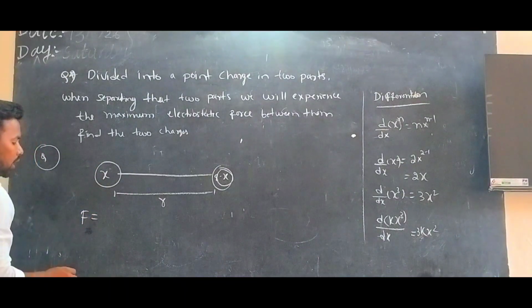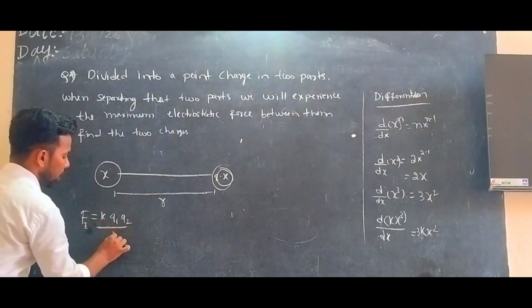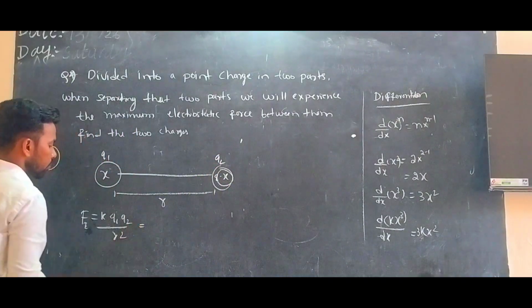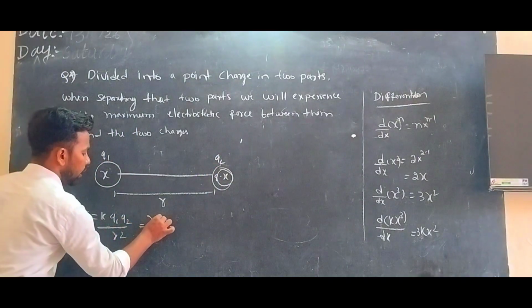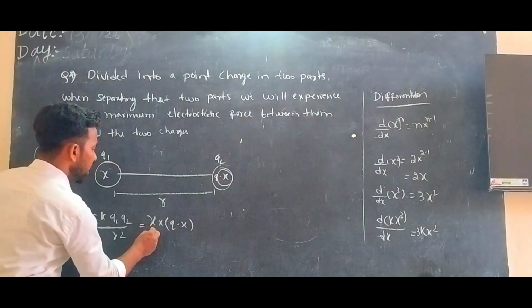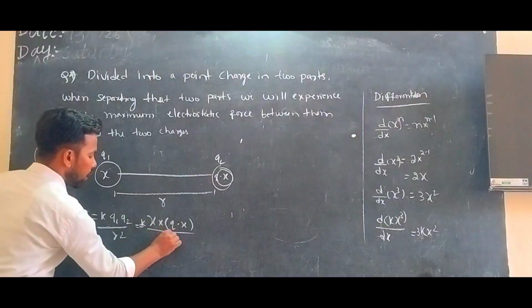What is Coulomb's law? F equals K into q1 into q2 divided by r square. This one I take as q1, this one as q2. So F equals K into x into q minus x, divided by r square.